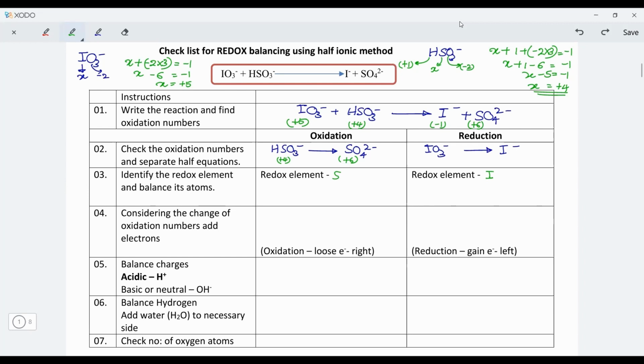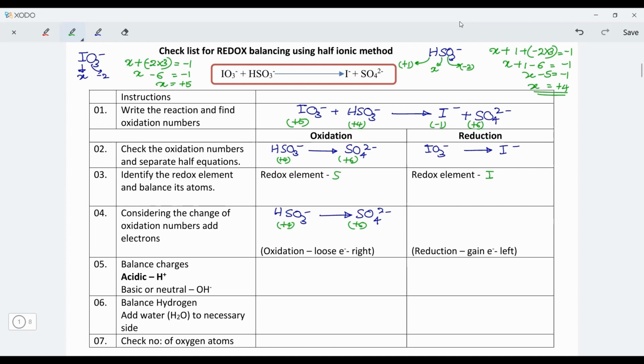And then let's consider the fourth step. Now you have to consider the change of oxidation numbers and add electrons. Now the oxidation number was here plus 4 and plus 6. So the change of oxidation number is by 2. The oxidation number which was plus 4 has increased to plus 6.